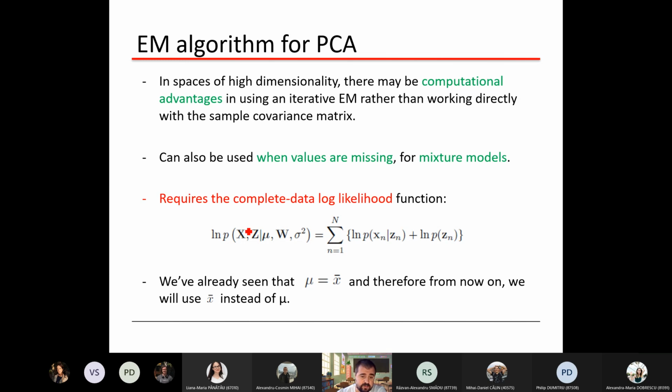So we cannot work with the probability of X given Z. We need to work with the joint probability of X and Z, which means that we will have the logarithm of the probability of X given Z plus the logarithm of the probability of Z. And we've also seen in the previous slides that mu equals the mean of the data, and we will use this information to simplify things.